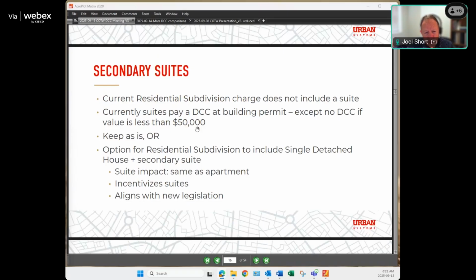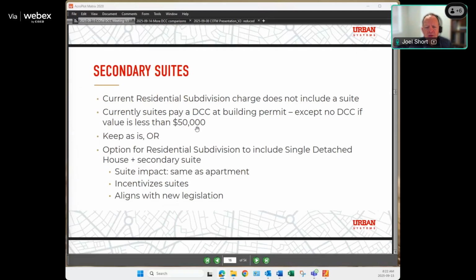So we've got a few possibilities. You can keep it as it is, that existing approach, or you could have the option for a residential subdivision to include a single attached house and a secondary suite. So when you pay for your lot, a secondary suite is kind of included in the price of what you paid for your DCCs. So that when somebody comes along to build a secondary suite, there's no additional charge.